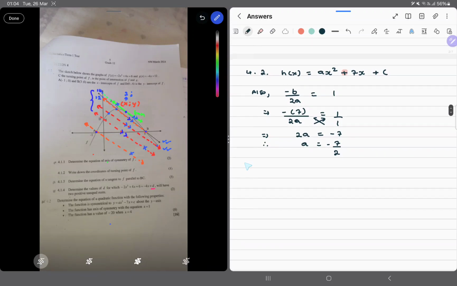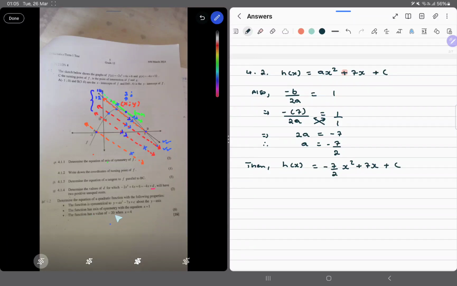Great. This implies we can say then our h of x is equal to minus 7 over 2 x squared plus 7x plus c. Then what are we told here?